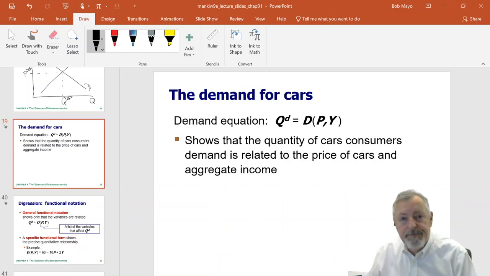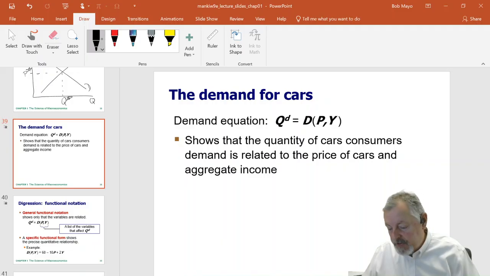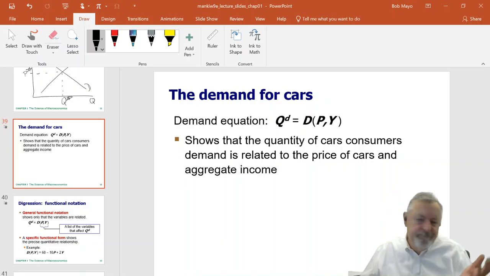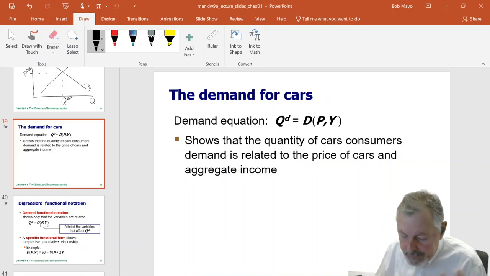Demand for cars. It's a function of price and income. We generally use, for income in macro, we generally use Y as the variable name. We could have picked any other one, but in economics, that's what we do.